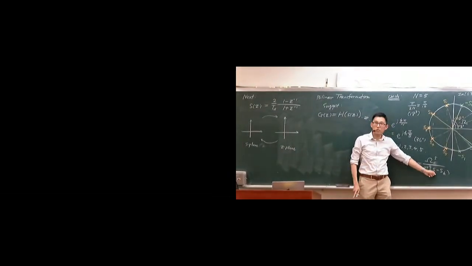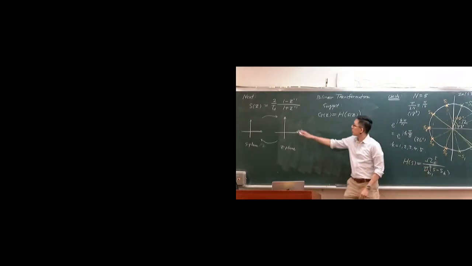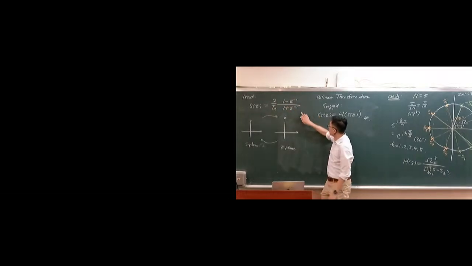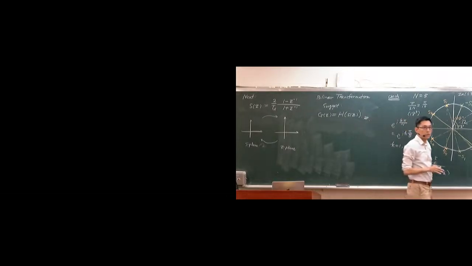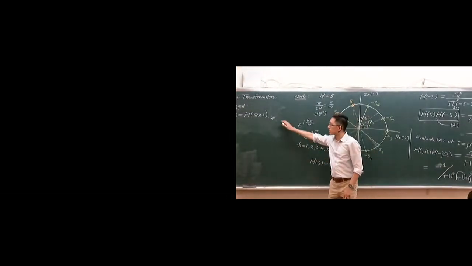Surprisingly simple. By using this transformation, wherever we see S, we plug in this expression. S repeatedly shows up right here, and wherever we see S, we just replace it with this function of Z. Then the result, H of S of Z, becomes a function of Z. I claim to you, surprisingly, this is a design.